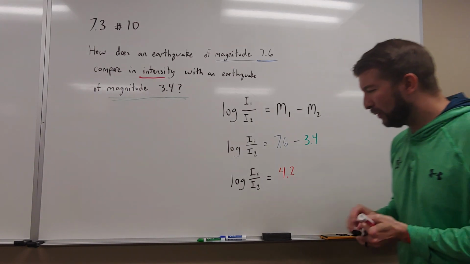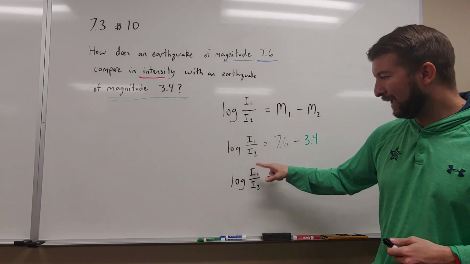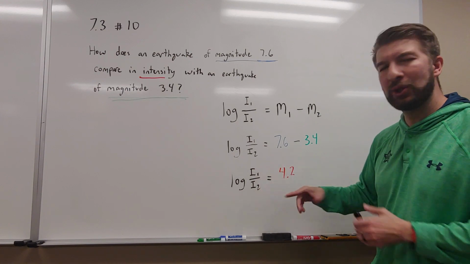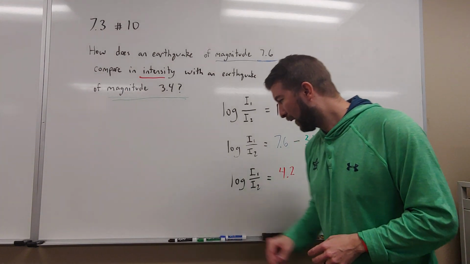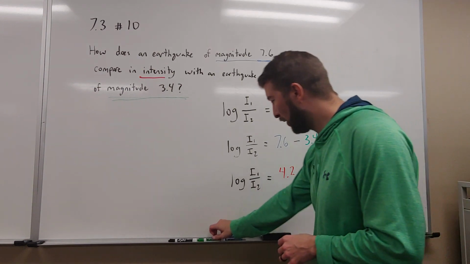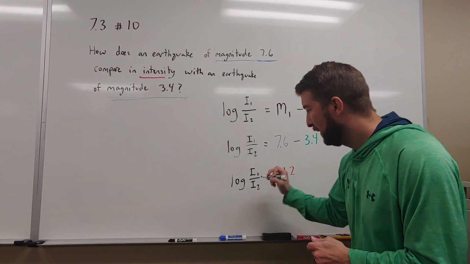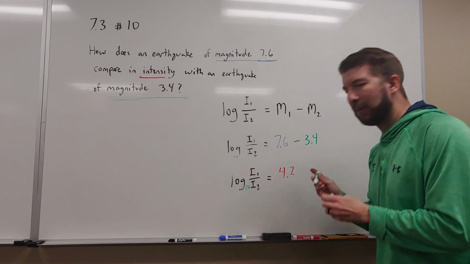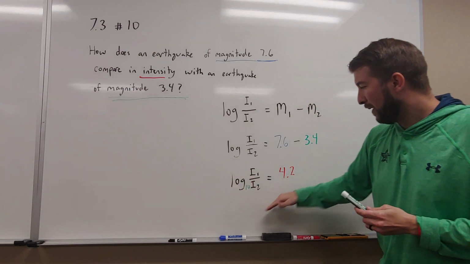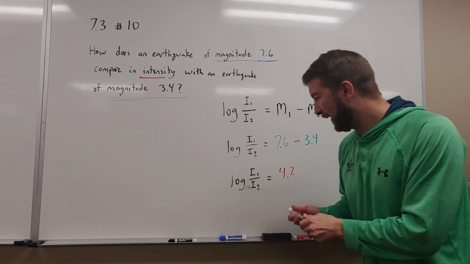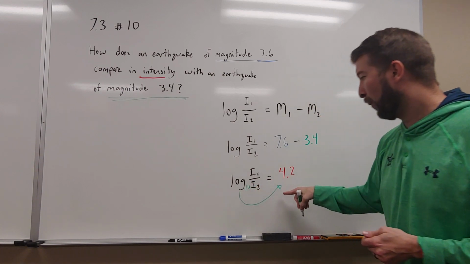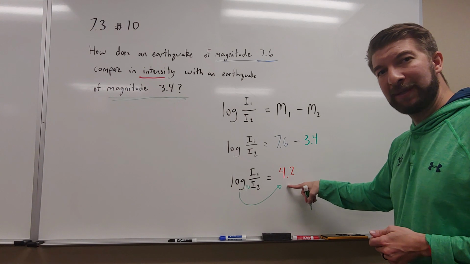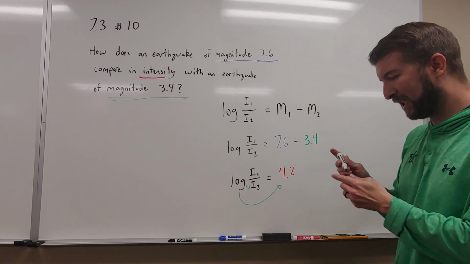Now I'm trying to get I1 and I2 by itself, so I need to move this log. If you remember, the base of a log is 10. When we move it into exponential form, we draw the little arrow to where this base becomes 10 and this 4.2 becomes the exponent.